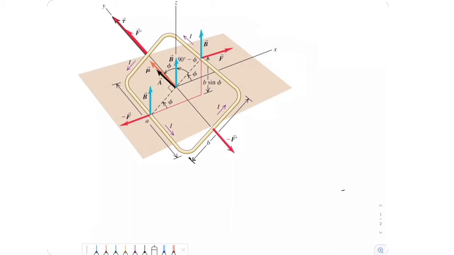Okay, so first let's look at our geometry. We've got a magnetic field that's pointing straight up in the z direction, and we've got a loop that is inclined at some angle relative to the xy plane, and we're calling that angle phi. So that's just an arbitrary angle for the moment.